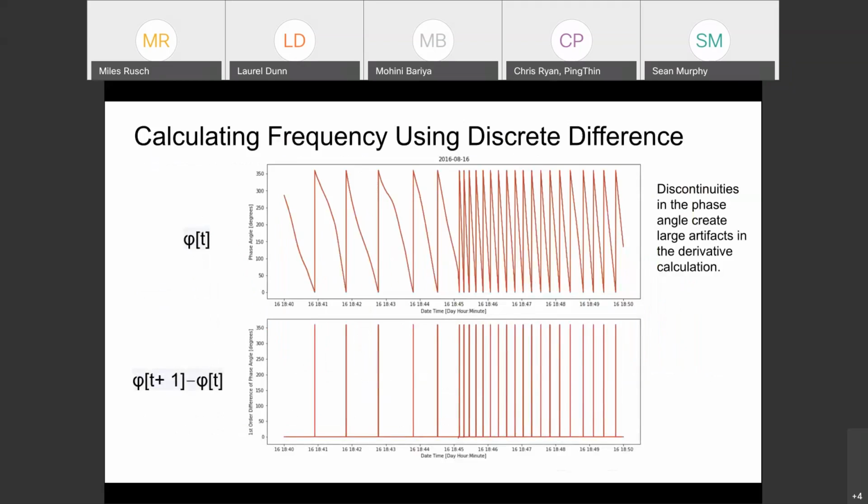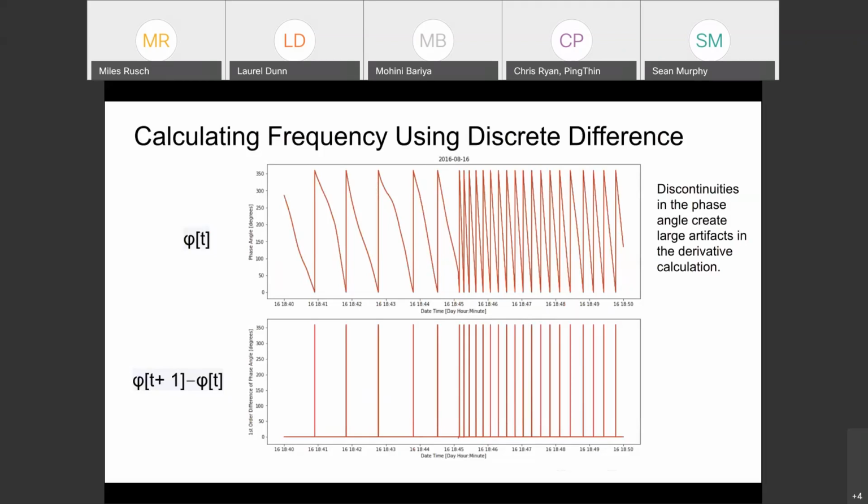Part of that process is computing a discrete difference of phi of t. And we see in the bottom plot that this discrete difference has these very large artifacts that occur every time the phase jumps from 0 to 360 degrees.